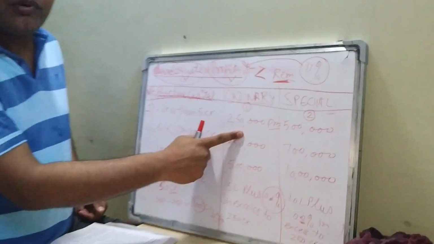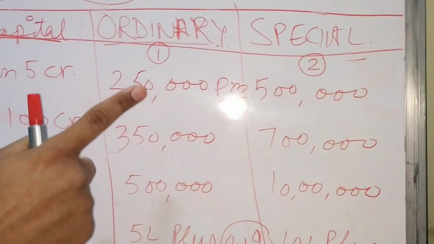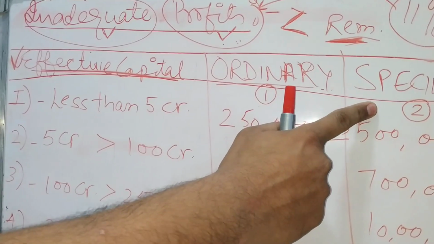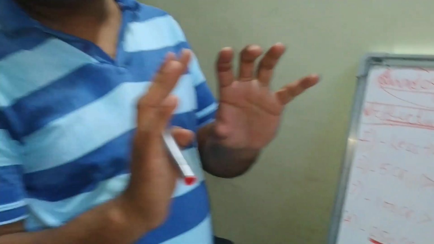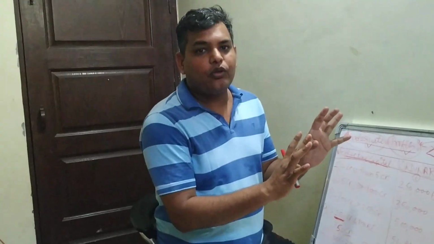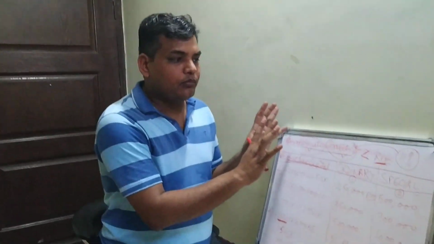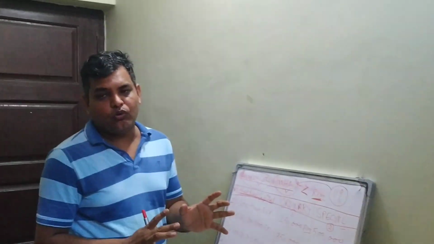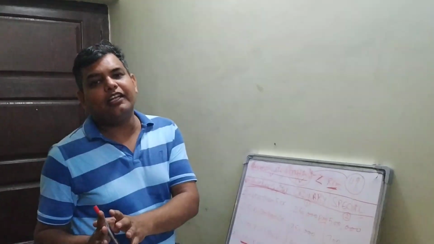Yes, they are protected towards a salary, but with a limited amount, that is table number 1 or table number 2 as per the resolution, whether ordinary or special. So the point of this inadequate profit provision is that neither the companies should be in losses nor the managers who are handling the companies.